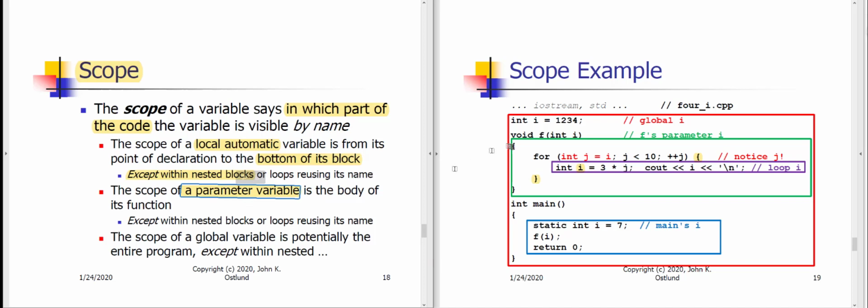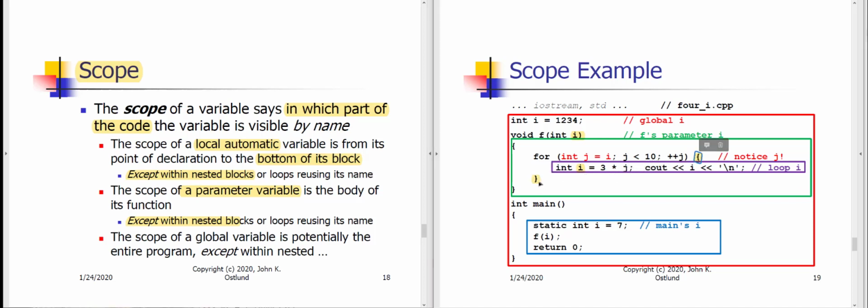Okay, so for a parameter variable, such as the variable i for the f function, the scope of that variable is the entire block of the function. Okay, so from the opening curly brace of f to the closing curly brace of f, except within a nested block or loop, which is exactly the case that we have here for the for loop.